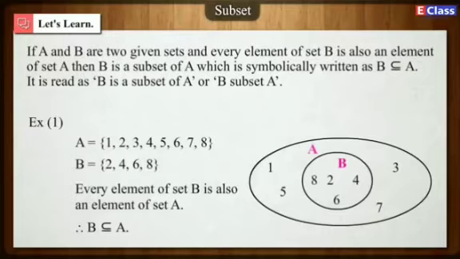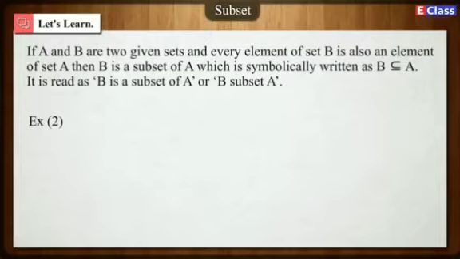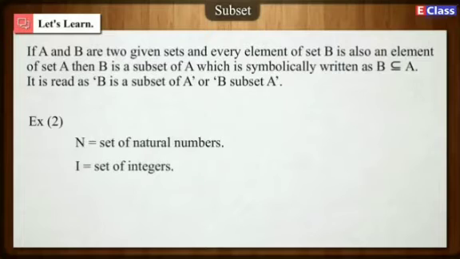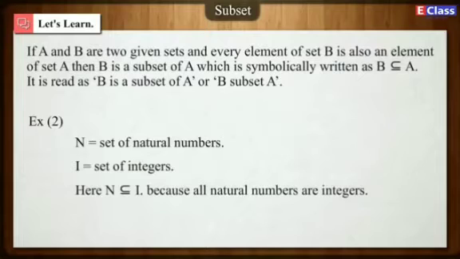Let's see some more examples of subsets. Example 2. N is a set of natural numbers. I is a set of integers. Here, N is a subset of I because all natural numbers are integers.